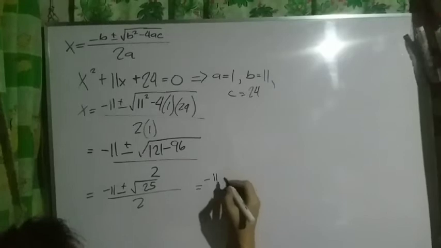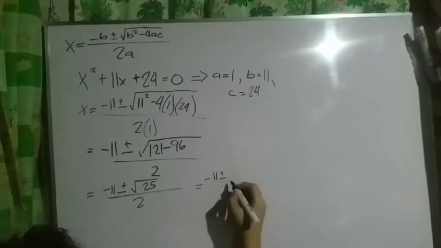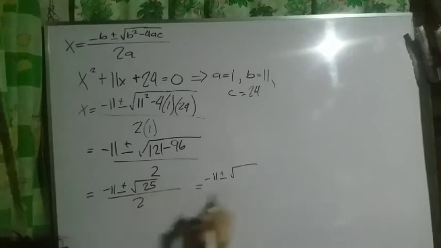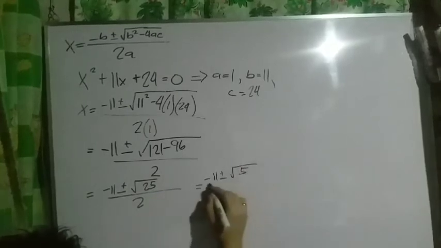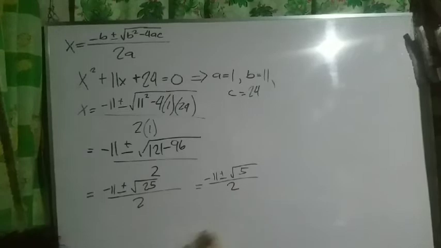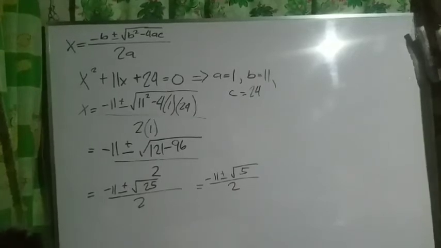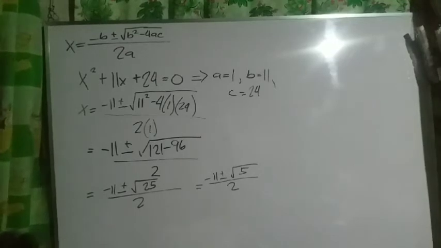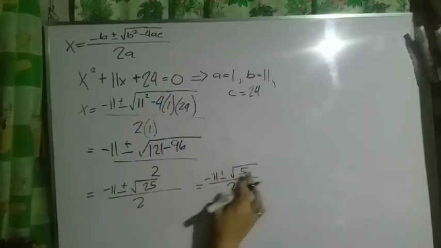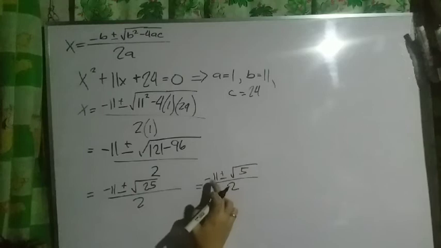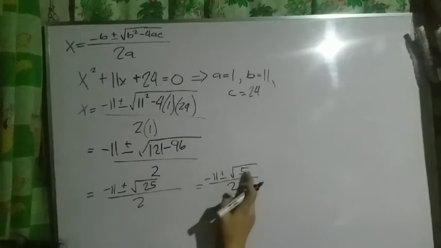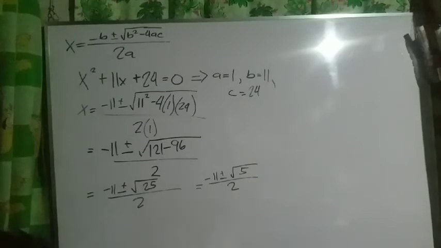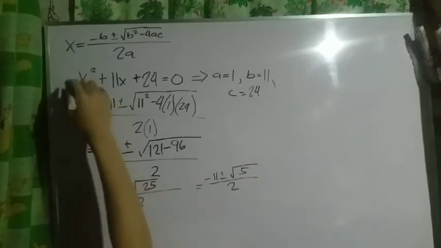Negative 11 plus or minus 5, because 5 times 5 is 25, over 2, just copy 2. And for our final step, you will add and subtract the 5 to the negative 11, for you to find the x.